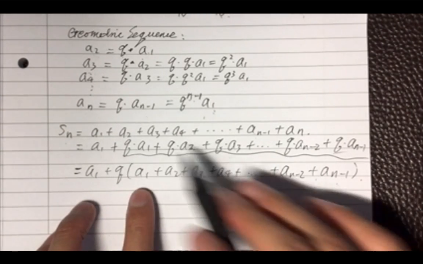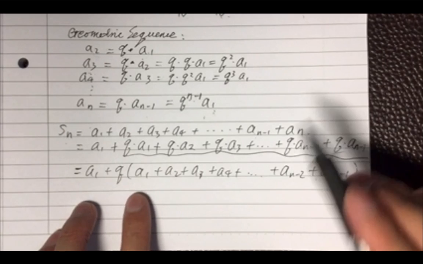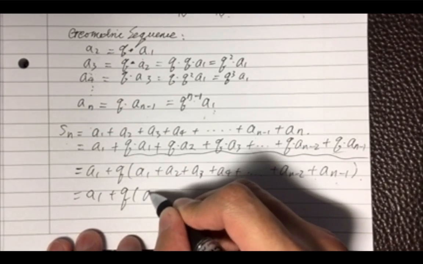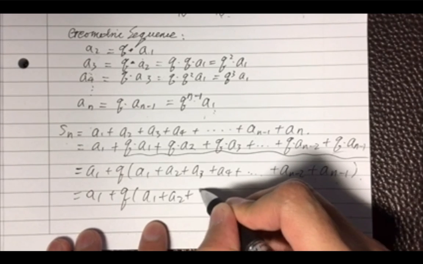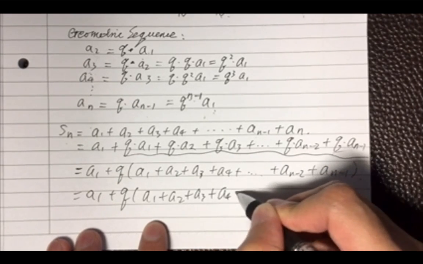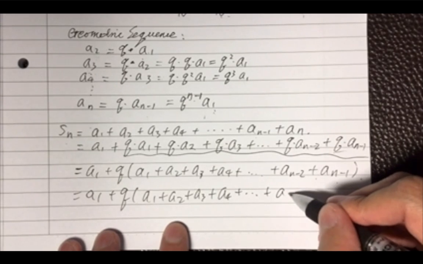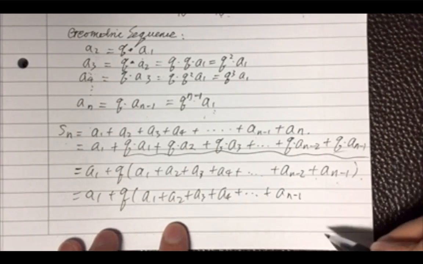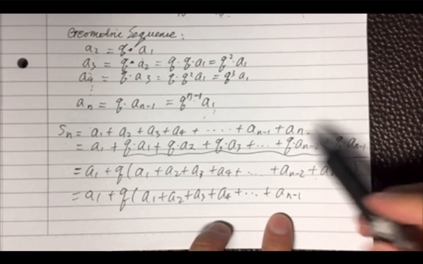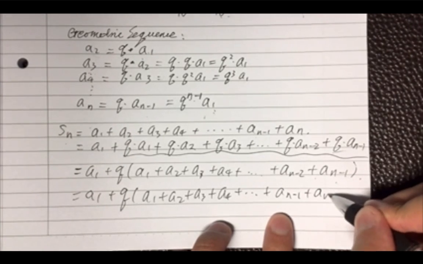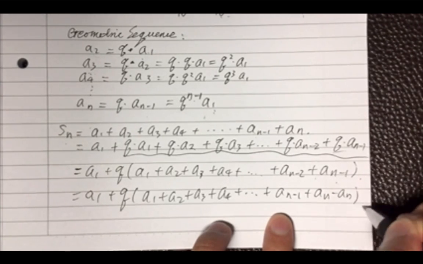What's the difference between them? It's just the last term, right? So I'm just going to write it this way. It's a1 plus a2 plus a3 plus a4 plus dot dot dot plus a(n-1), the last term, but without this an. But we still need it, right? So we just write an and minus an to compensate.